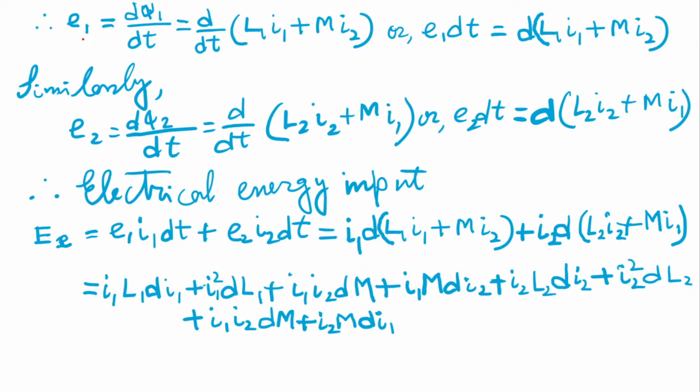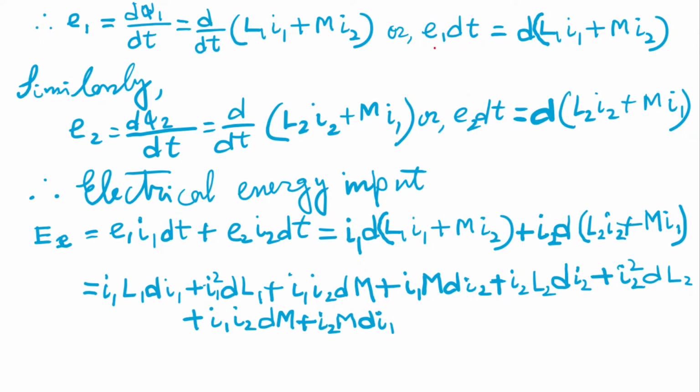Now the EMF induced is the rate of change of flux linkage, that is E1 equals d psi 1 by dt, so d/dt of L1 I1 plus M I2. From here we can easily get the value of E1. If we multiply both sides of this equation by dt, we get E1 dt. Similarly from E2 we get E2 dt.